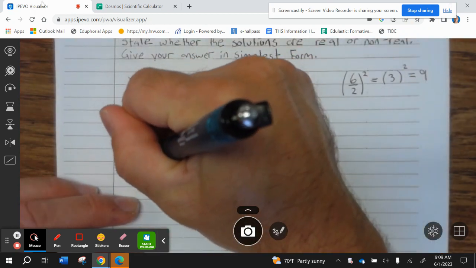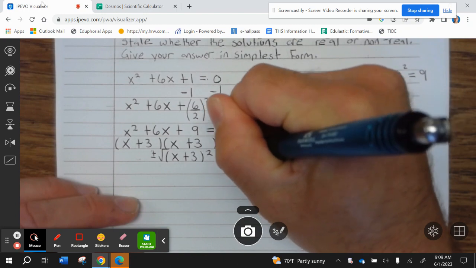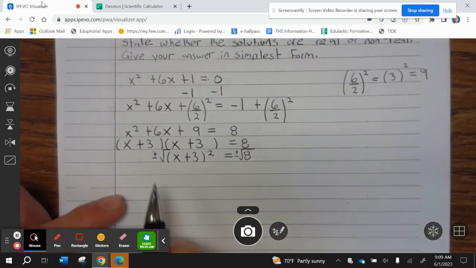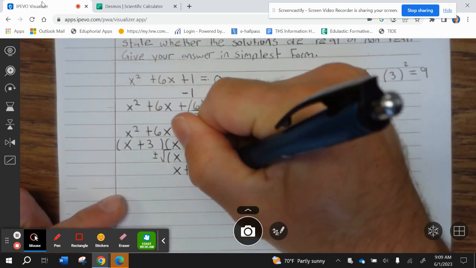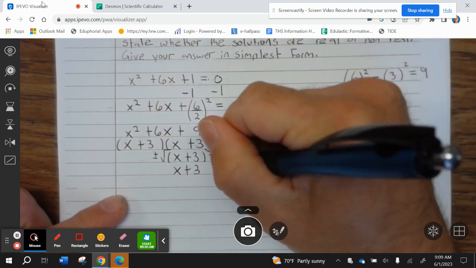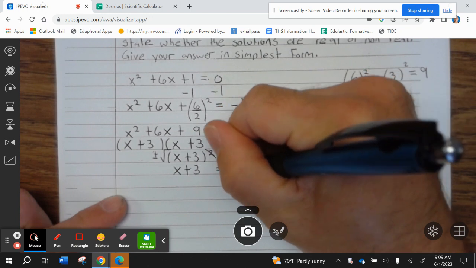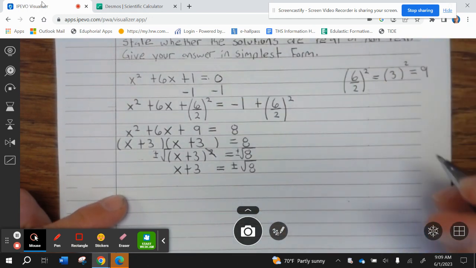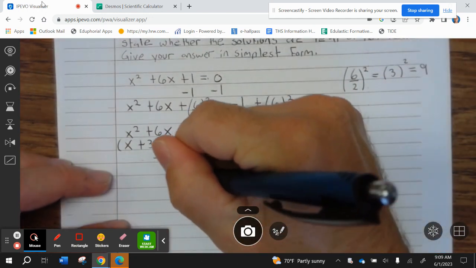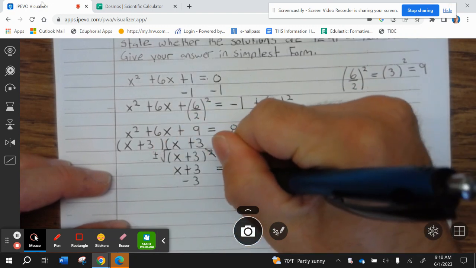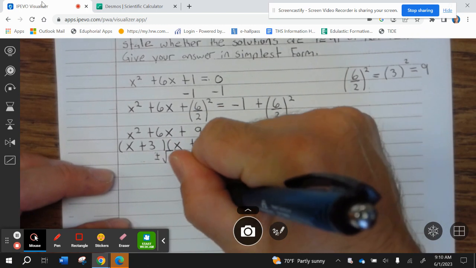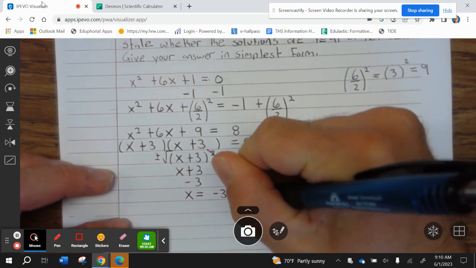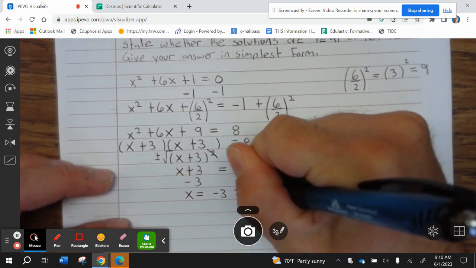Remember, plus or minus. Now the square root cancels the squared. You're left with x plus 3 equals plus or minus the square root of 8. We can subtract 3 from both sides. So x equals negative 3 plus or minus the square root of 8.